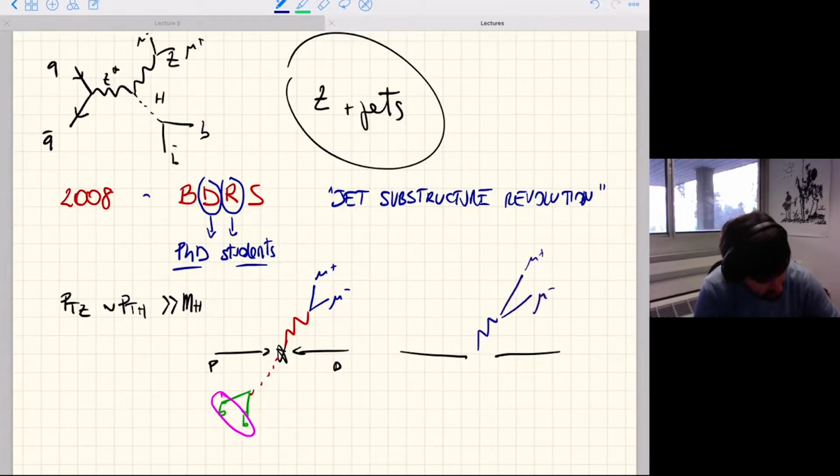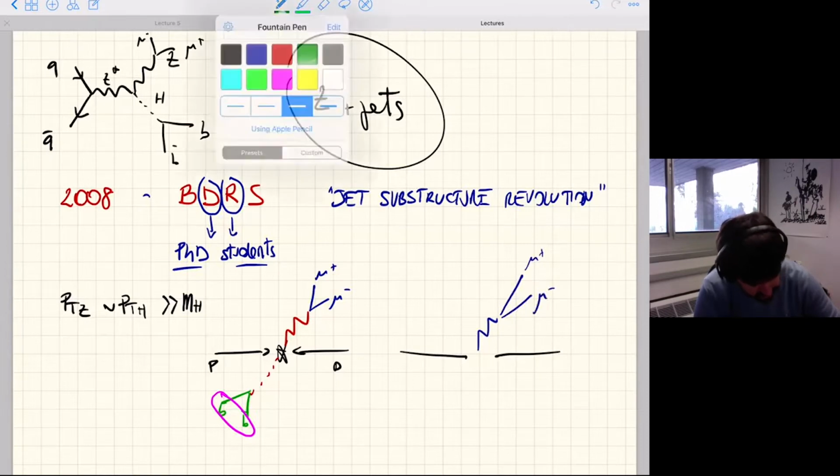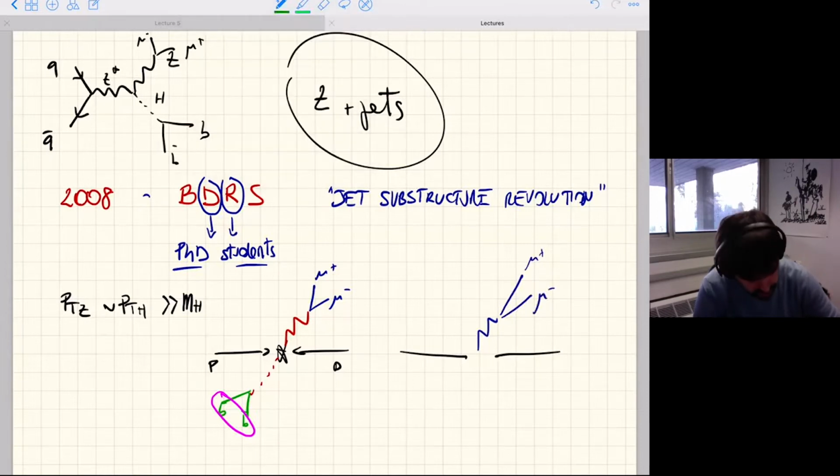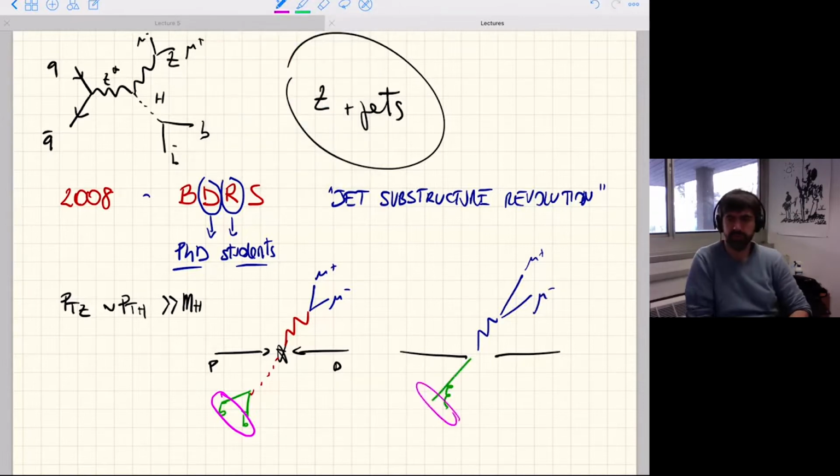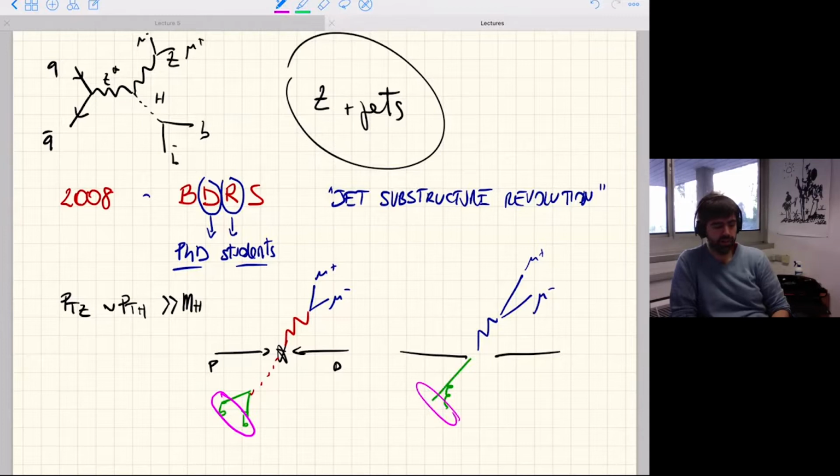So this is one side, and on the other side, this is the background, so for instance, Z plus one jet. Now, as I said, I can do better because I could require this jet to be b-tagged, and so it will look a little bit different. But let's ignore this for a moment.